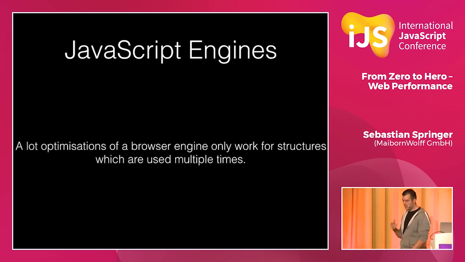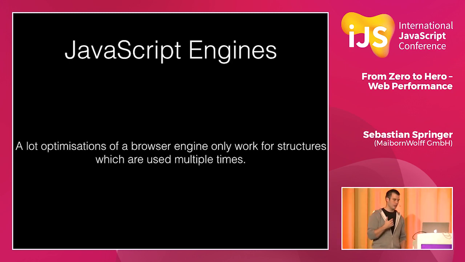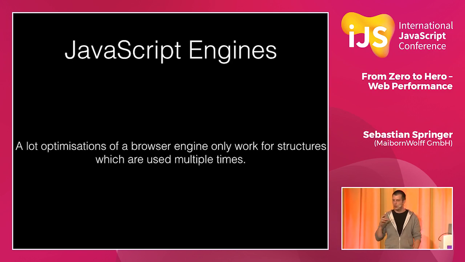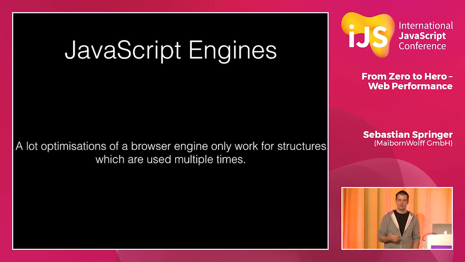JavaScript is intended to reuse stuff, so a lot of optimizations only become active if you have a longer running application. If you have a page which is visited for 5 to 10 seconds, nearly none of those optimizations are activated.